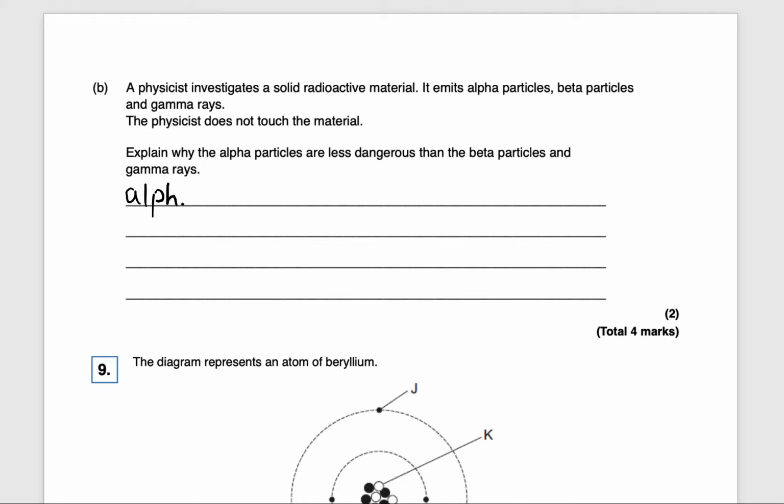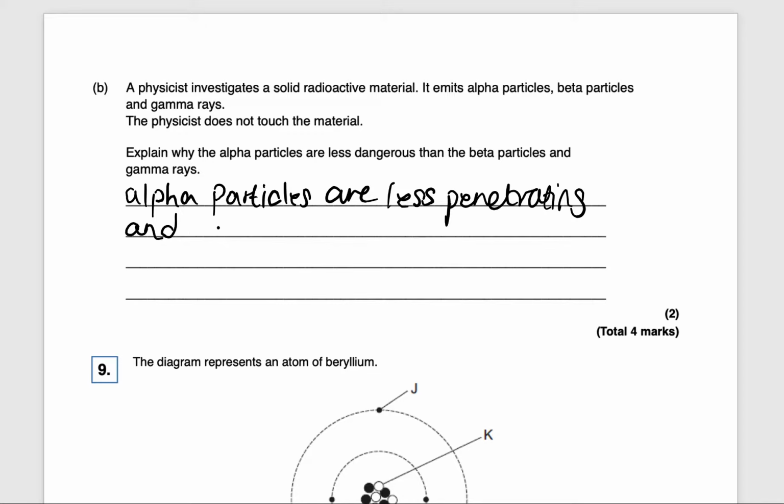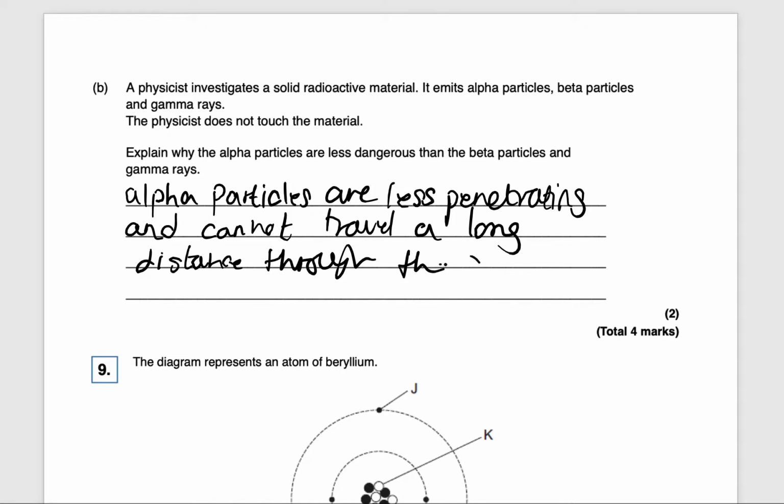So the alpha particles are less penetrating and cannot travel a long distance through the air.